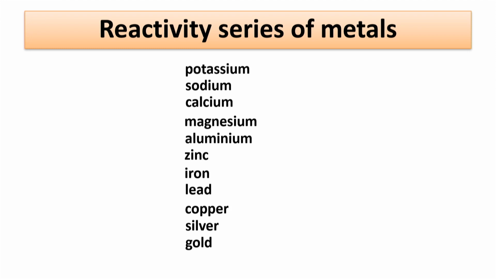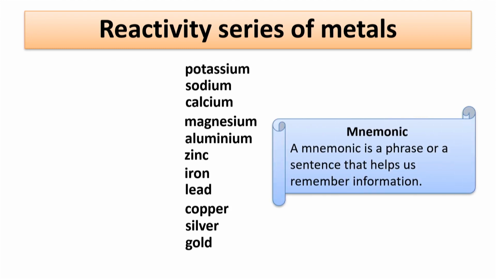An easier way of remembering the reactivity series is by making use of a mnemonic. A mnemonic is a phrase or a sentence that helps us remember information. This is an easy-to-remember sentence that may help you learn the reactivity series.